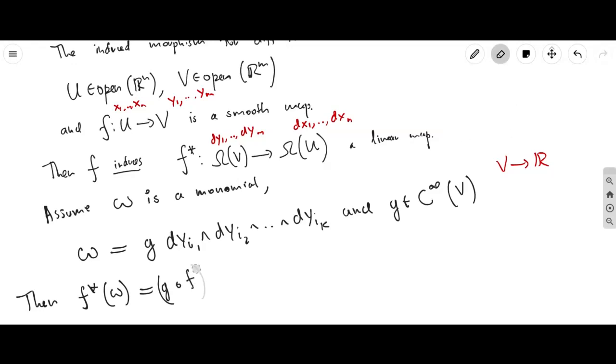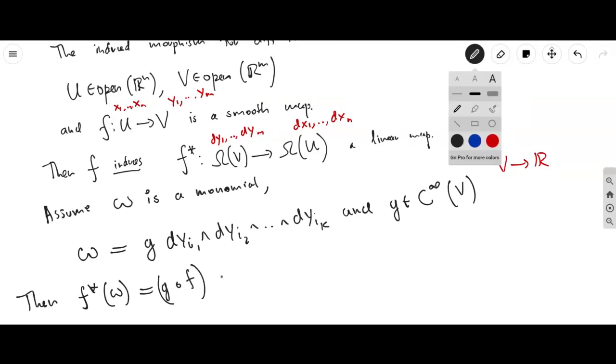And then what do we do with these ones? Well, what we do with these is we look at the ith coordinate. You see, this f over here has m coordinates because it's going into V. It has m coordinates, so you're just going to take the ith coordinate of f.